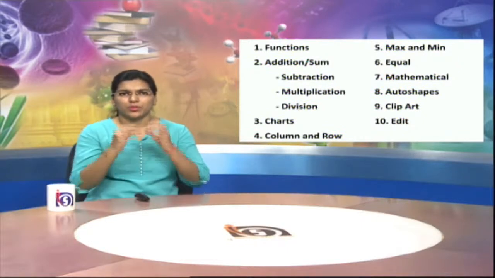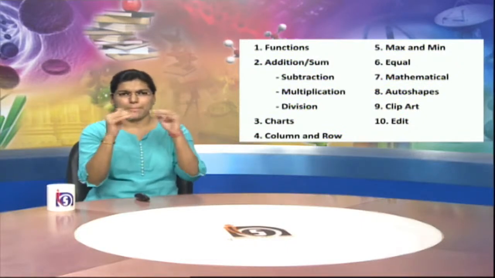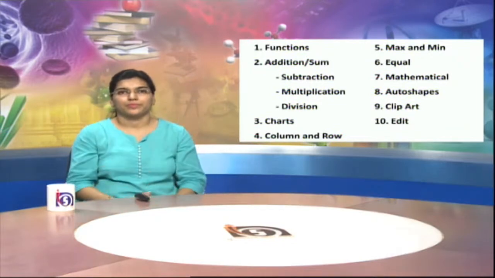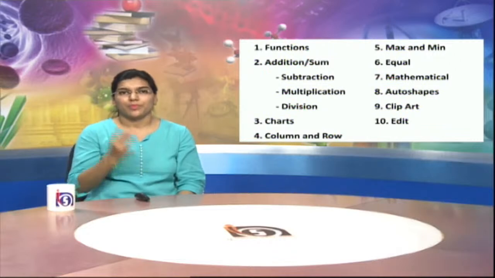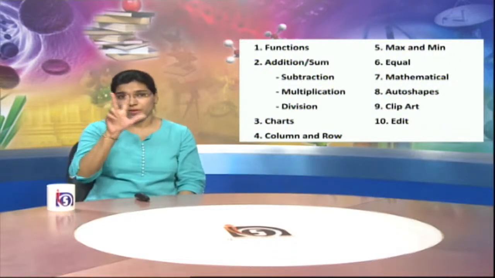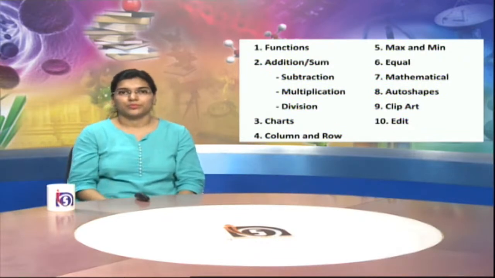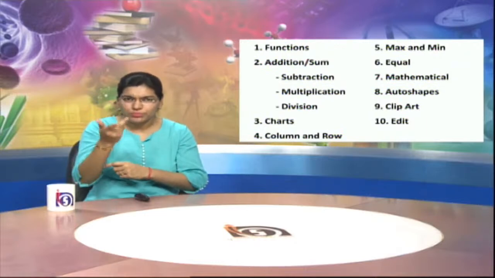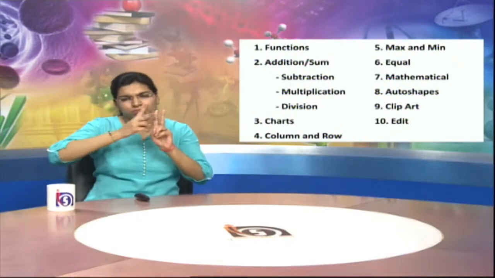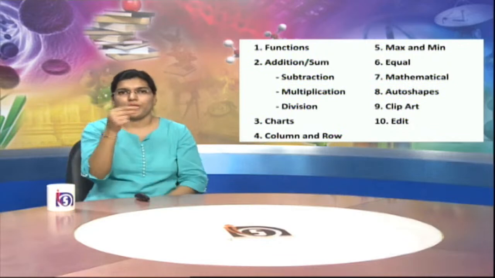Sixth word is equal. Sometimes there are numbers which are equal. Seventh word is mathematical. Eighth word is auto shapes, like you may have seen square or balloon shape or bubble shape.